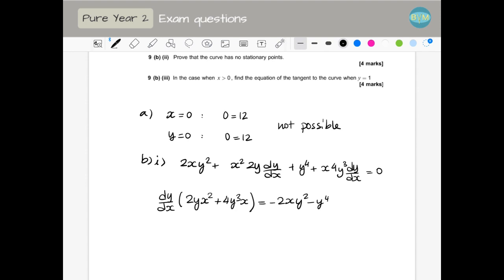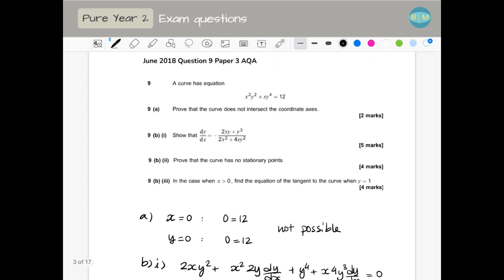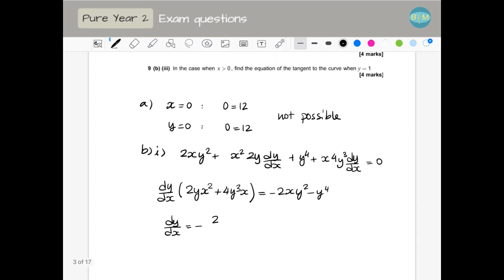And that means that dy by dx is going to be minus, I can write that minus at the front, 2x y squared plus y to the power of 4 divided by 2y x squared plus 4y cubed x. And if you notice, we can cancel y's.